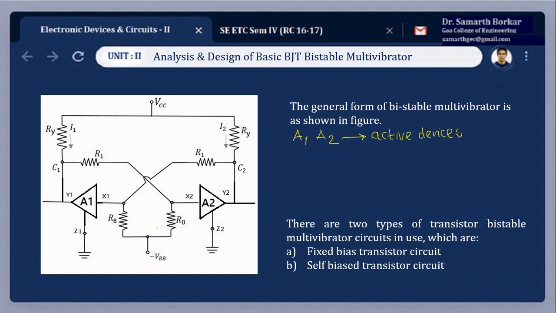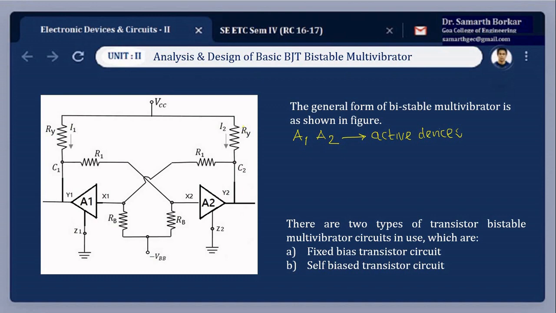Likewise, in this circuit diagram we represent them as X, Y and Z, where X is the input, Y is the output and Z is the emitter terminal. The polarities shown here, plus VCC, are correct for NPN transistors, and if we use PNP transistors, then we have to reverse the polarities.